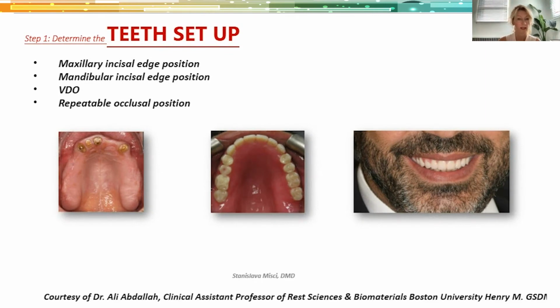However, it's probably in the next slide. So anyways, the incisal edge position is very acceptable, needed slight modification. Now, in terms of mandibular incisal edge position, that was very acceptable as well. Vertical dimension was good with the existing dentures, and he had a stable occlusion with the existing dentures.